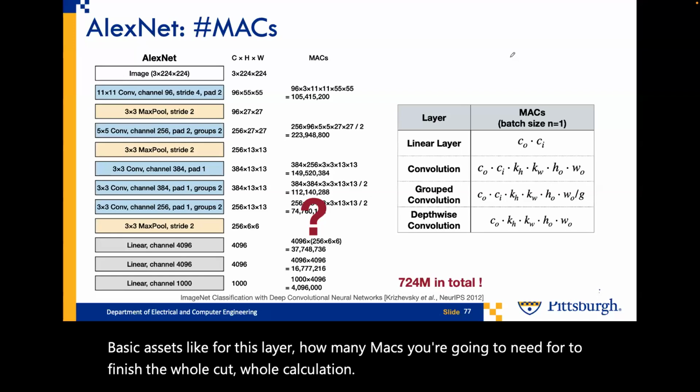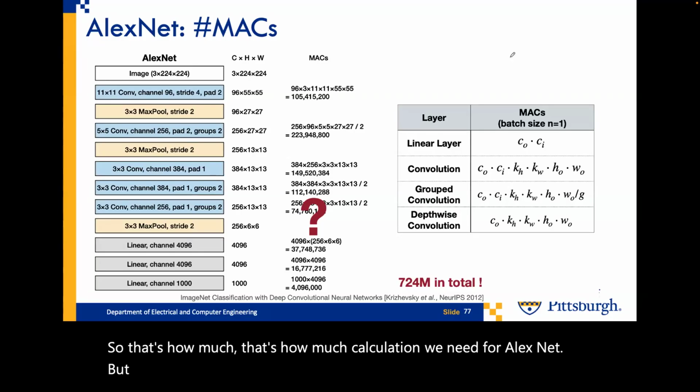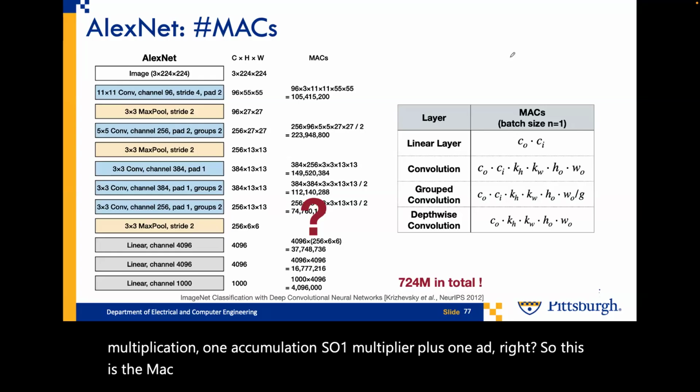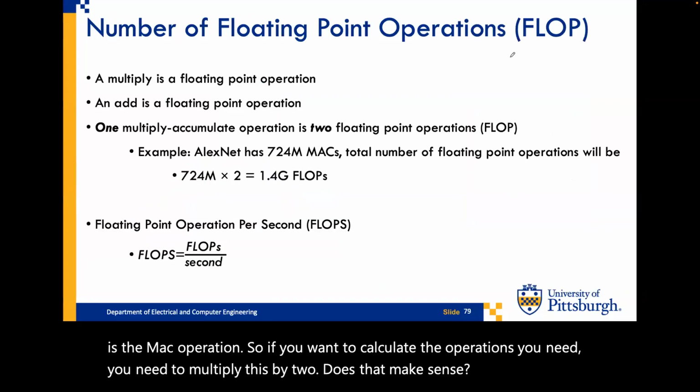That's how much calculation we need for AlexNet. But remember, one MAC has two operations, because there is one multiplication and one accumulation, so one multiply plus one add. So if you want to calculate the operations, you need to multiply this by 2. Does that make sense?